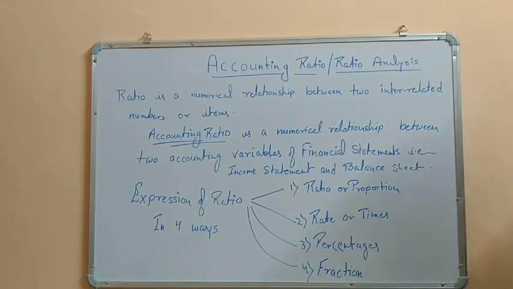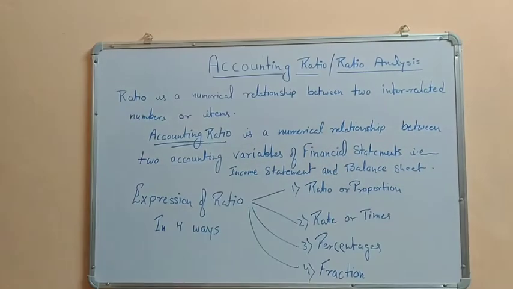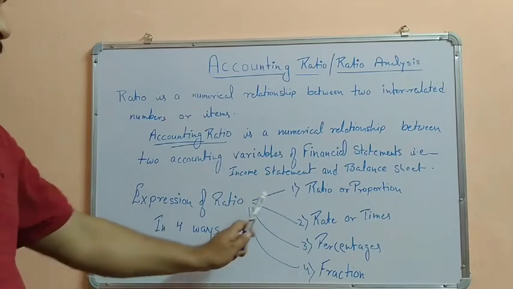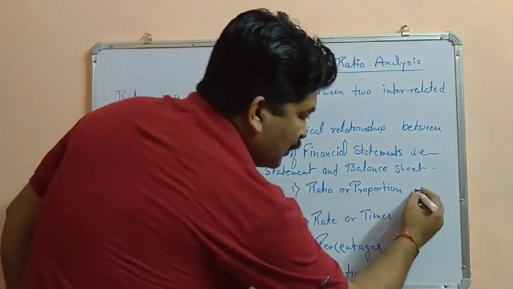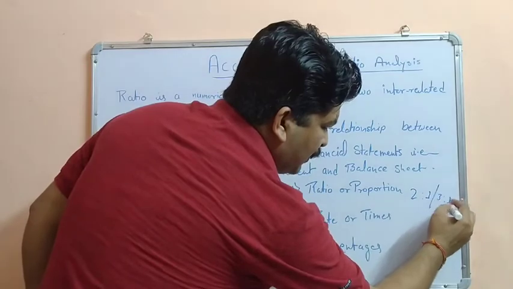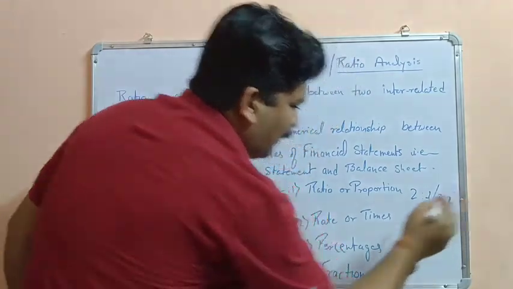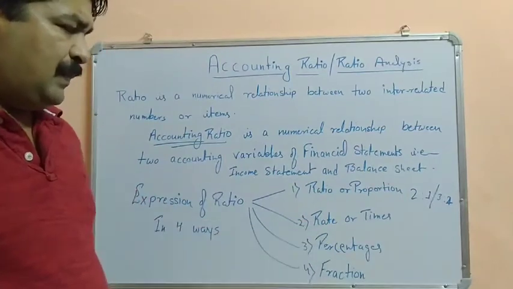Okay. Now let us discuss how ratios are expressed. Expression of ratios is done in four ways. Number one, ratio or proportion. You can express it like this: 2 is to 1, or 3 is to 1, or 3 is to 2, whatever the ratio. Next, rate or time.